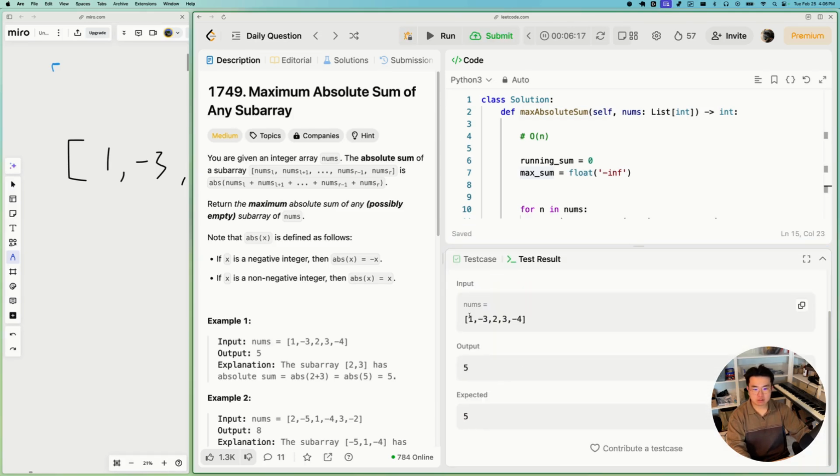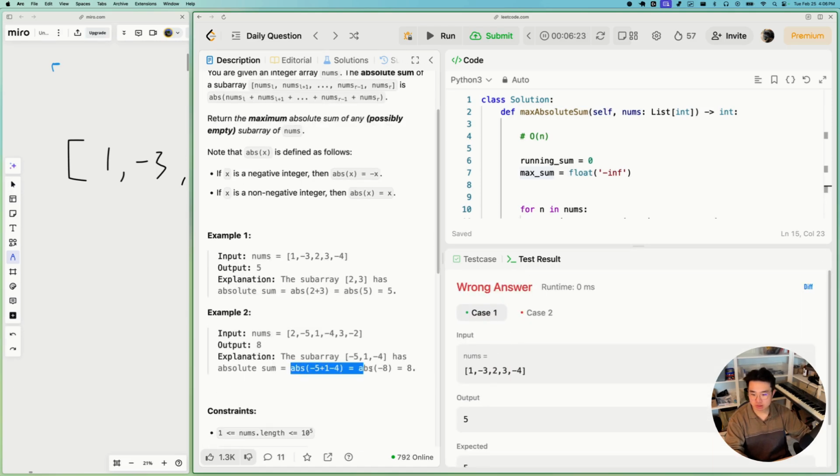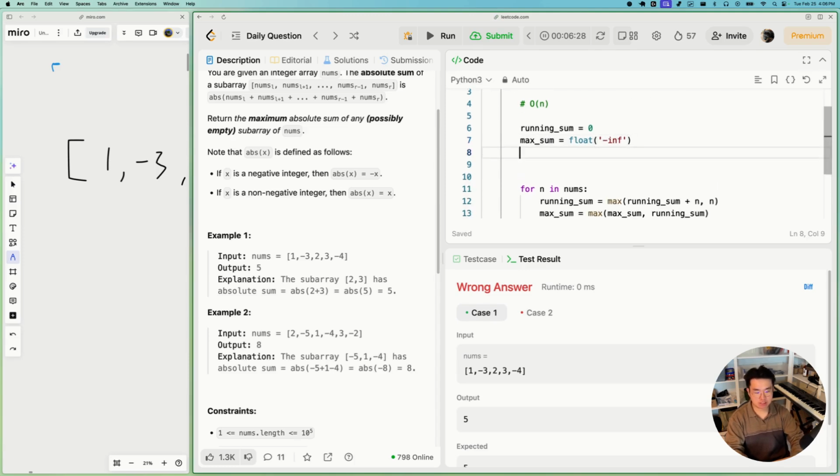Yeah. So it passes the first test case when we don't have to consider negatives, as in the answer wasn't absolute, right? So I think all I need to do now is just have a running.